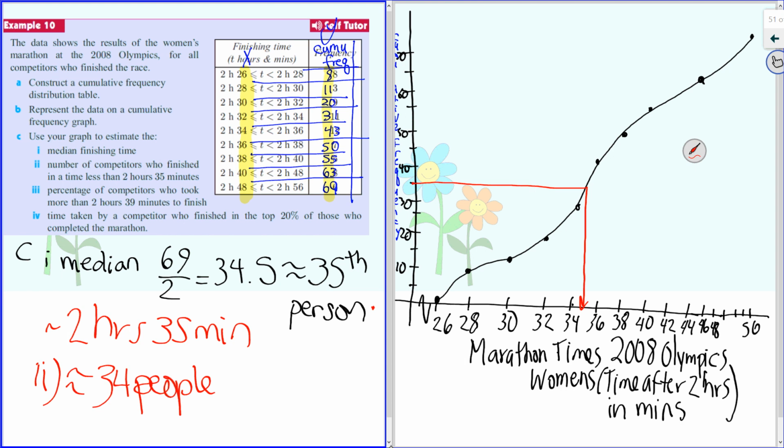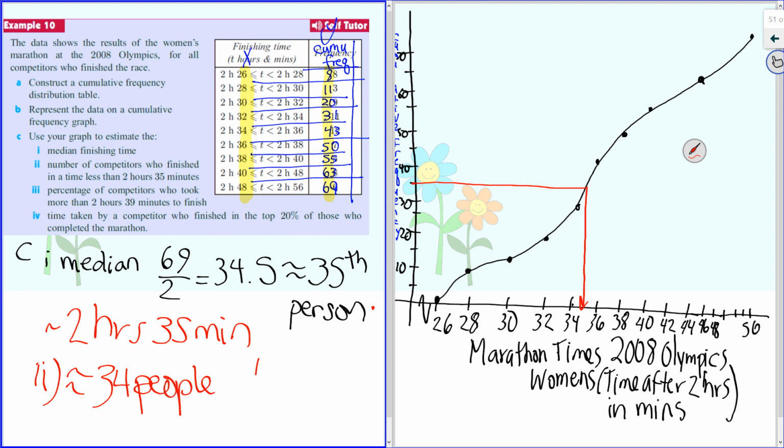Half of 69 is 34.5, which just means the 35th person is in the middle, running across the finish line. About 34 people took more than her, and 34 people took less. So we know that's the median because of part 1.